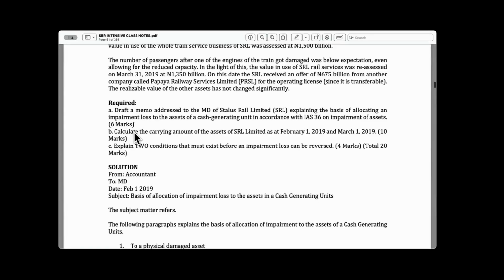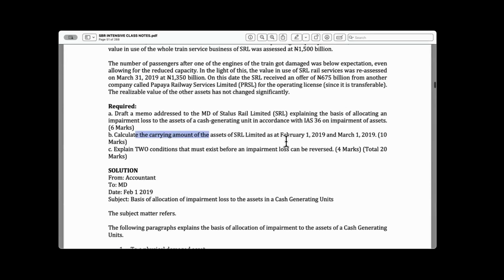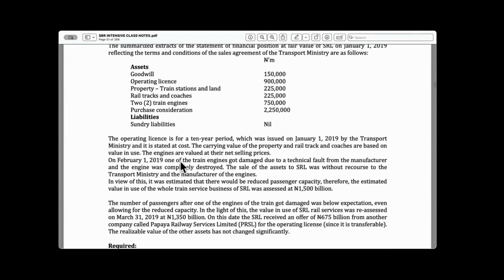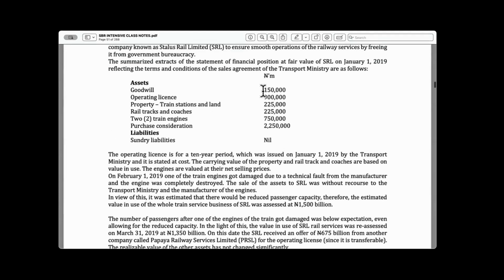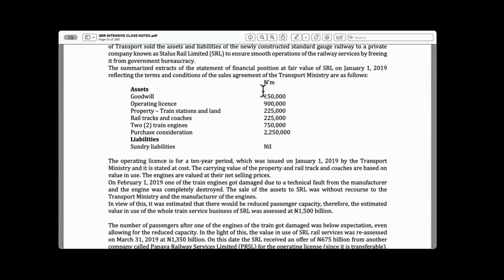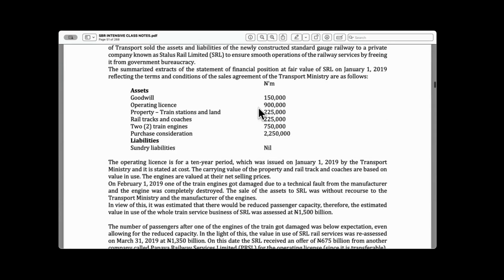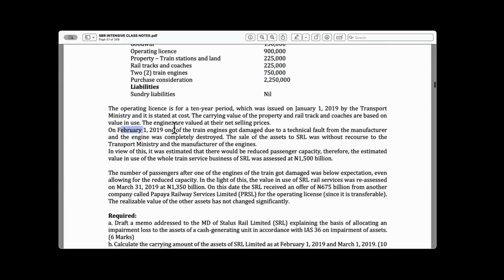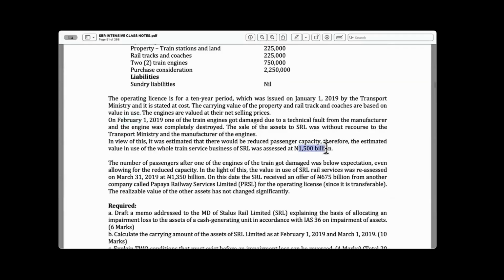We are also told that we should calculate the carrying amount of the assets of SRL as of February and as of March. So how do you determine the carrying amount as of February? Knowing fully well that as at the date we bought these assets, which is in January, these were their values. As of February, they have reassessed their value to this, meaning that this train engine has been impaired.